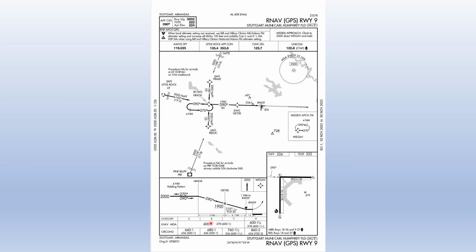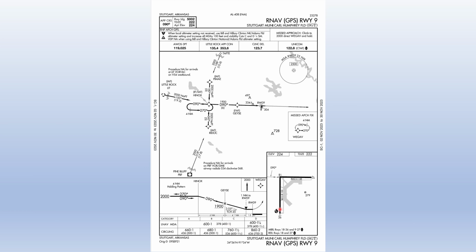It tells us that the minimum descent altitude is 600 feet, that the minimum required visibility is 1 nautical mile to shoot this approach or land from the approach. And then it tells us that the 600 feet on our altimeter is going to be 378 feet above the touchdown zone if we level off at that MDA. And then, of course, the ones in the box are just for the military, not applicable to us as civilian users.